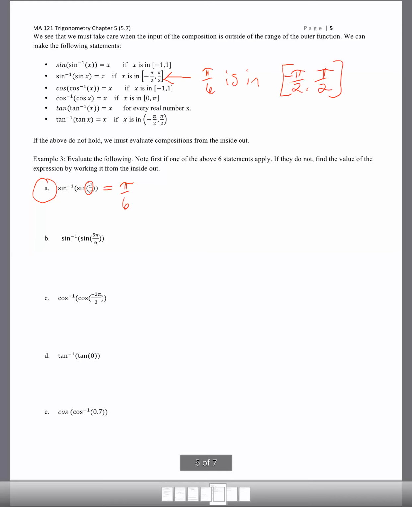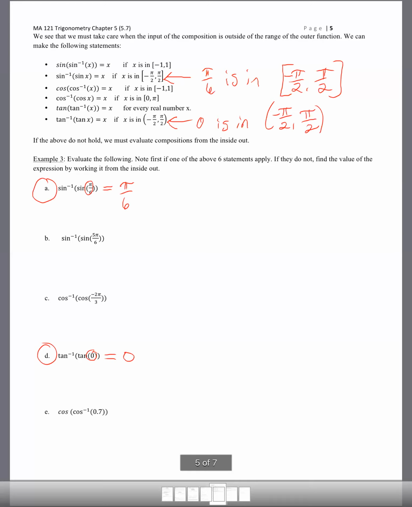There are 2 others for which this is the case. One of them is D, tangent inverse of the tangent of 0. That falls in this category. You might note that 0 is in the interval negative pi over 2 to pi over 2. Therefore, tangent inverse of tangent of 0 is just equal to the input 0.